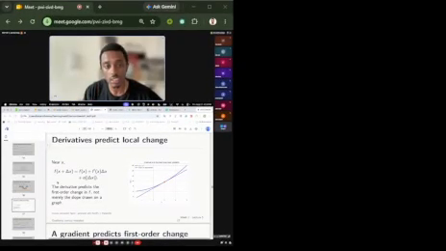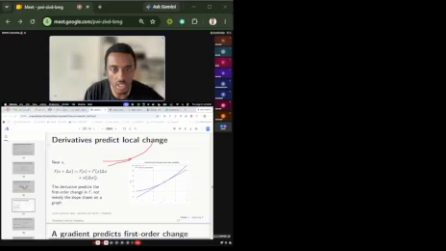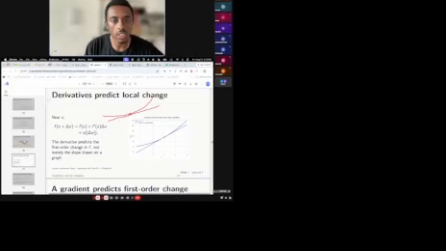I don't know if you learned about limits, but one way to approximate it: if I have a curve like this, the derivative must be equal to the slope of some line like this, which is called the tangent. There should be some line that has the same slope as the curve at that point.